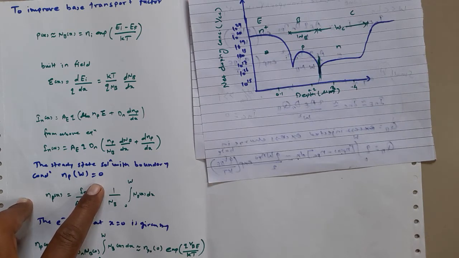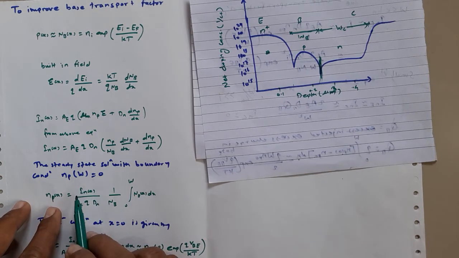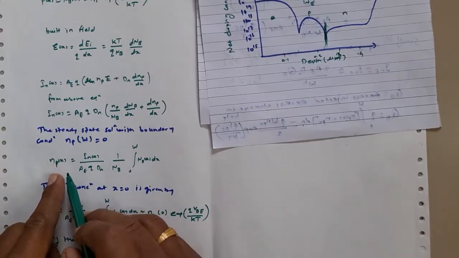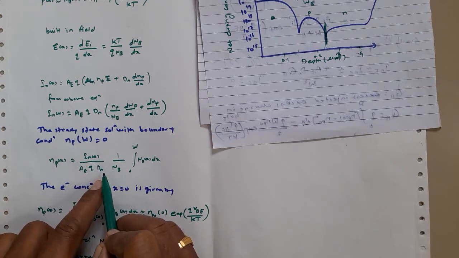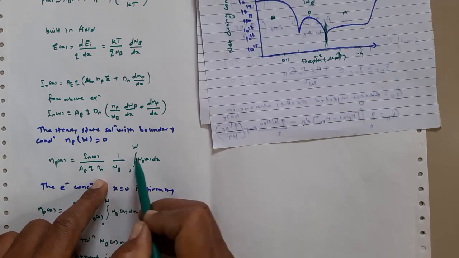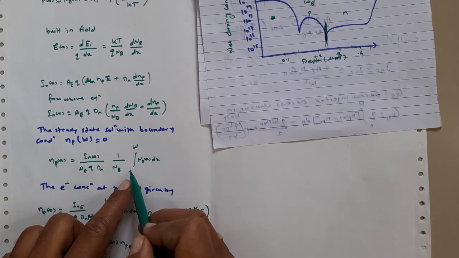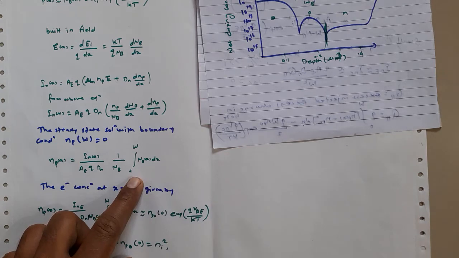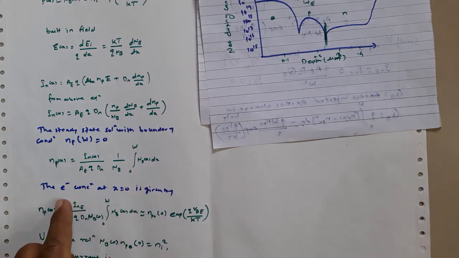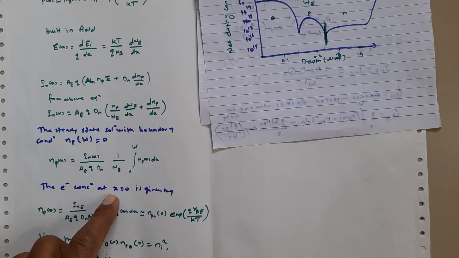That results in np of x equal to In of x over A q Dn, times 1 by nb integrated from 0 to w, because we are covering the whole base region, nb of x dx. So this is the equation we have here.